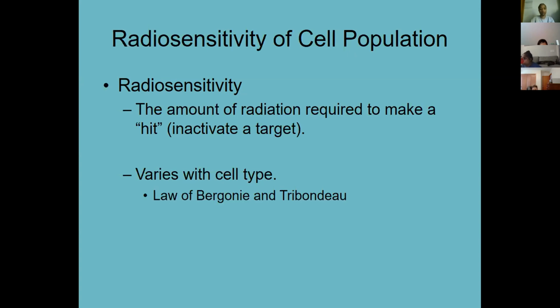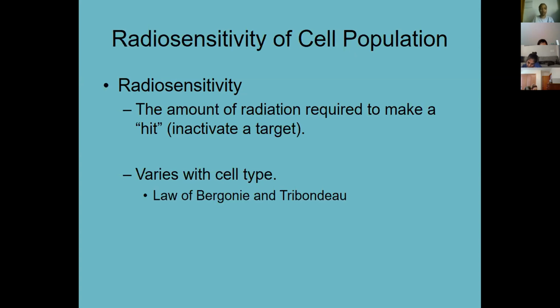So with radiosensitivity and cell survival curves, we are quantifying the amount of radiation that it takes basically to kill a target. But it's a dose. That's what I want you to pay attention to.